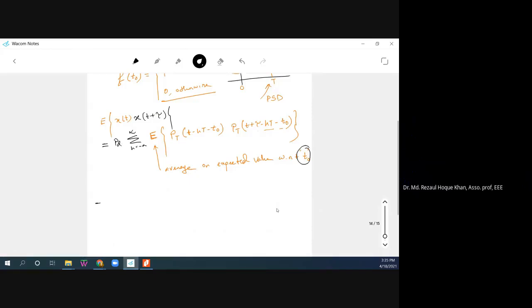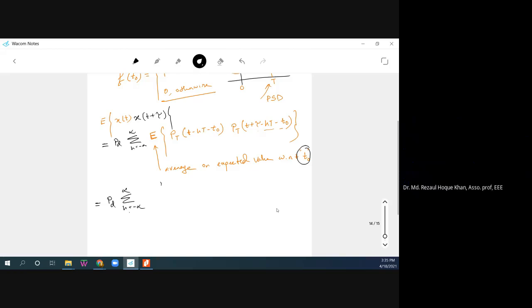If we rewrite it, then P_D equals the integral from minus infinity to plus infinity. What we try to find is the expected value of the summation with respect to t0.